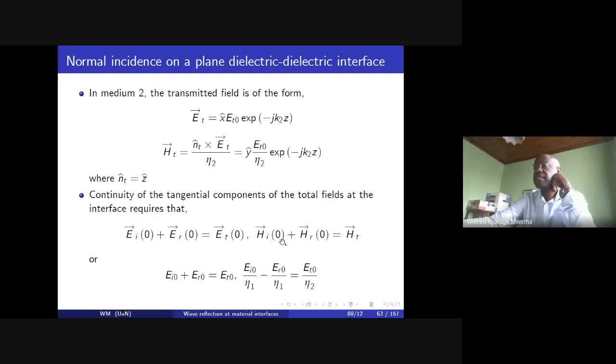The magnetic field intensity as well will satisfy that equation. And therefore, once we use the definitions for EI, HI that we obtained before, and HR, we can see that EI0 plus ER0 is equal to ET0, and EI0 by eta 1 minus ER0 by eta 1 is equal to ET0 by eta 2.